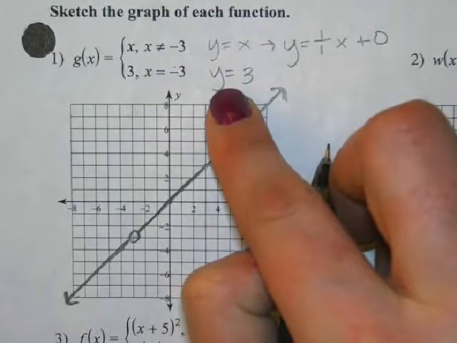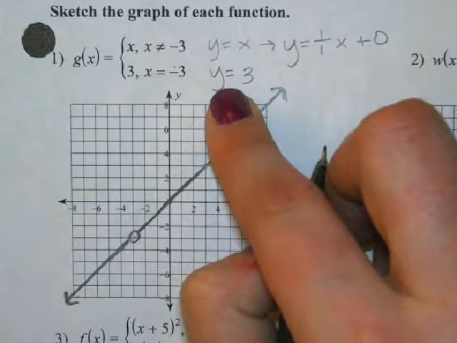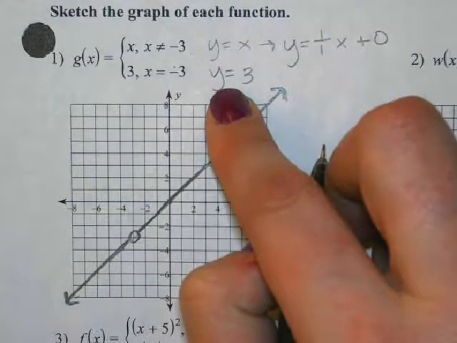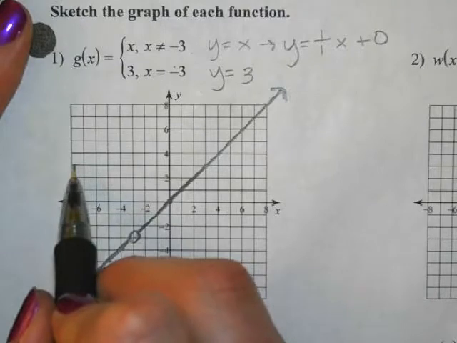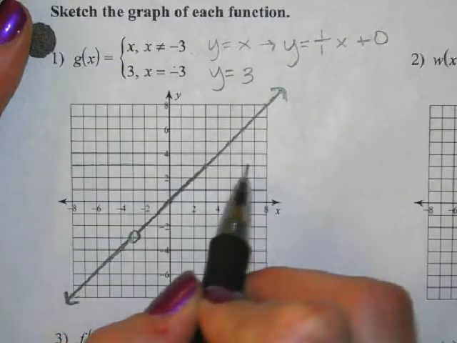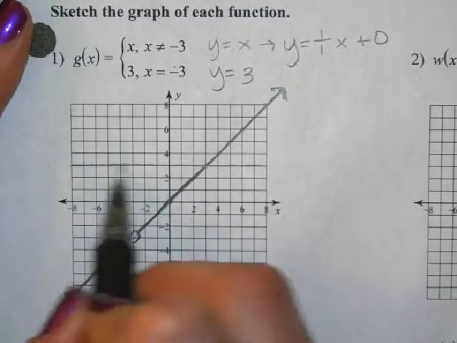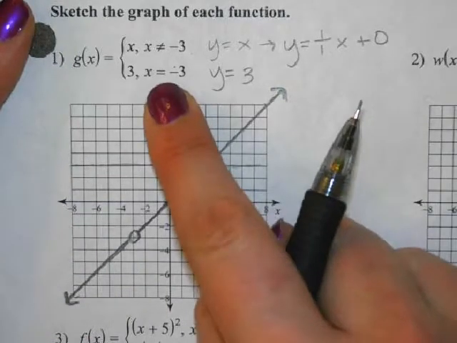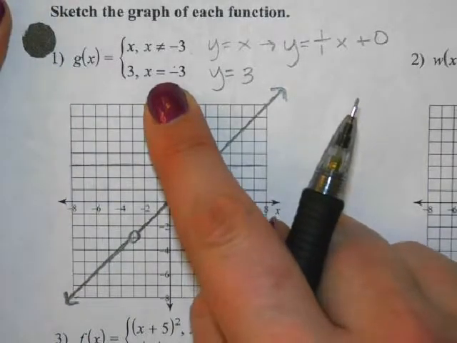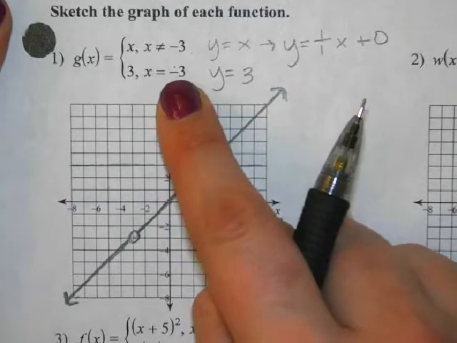How do we draw the line y equals 3? It's a horizontal line. So we're going to look at y equals 3, and we're going to draw a horizontal line right there. We're going to make it kind of light. Y equals 3 is right here. And this one tells us that we only get to use the horizontal line for the x value of -3 exactly, but nothing else.